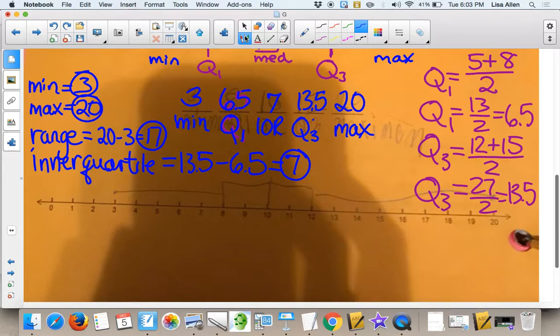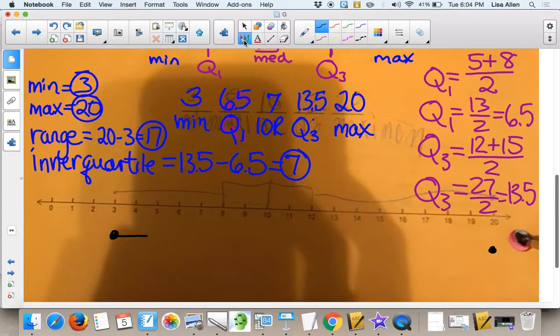Okay, well, you have it right with your minimum value is 3. Your maximum value is 20. And you draw a straight line to where you have your quartile 1. So I'm going to mark the quartile 1 here.